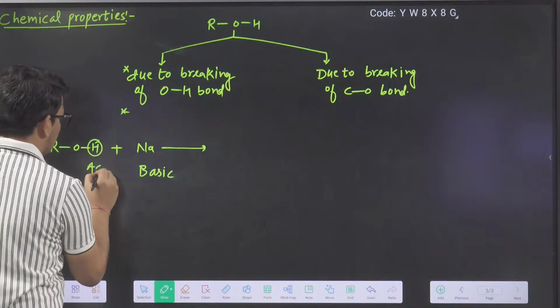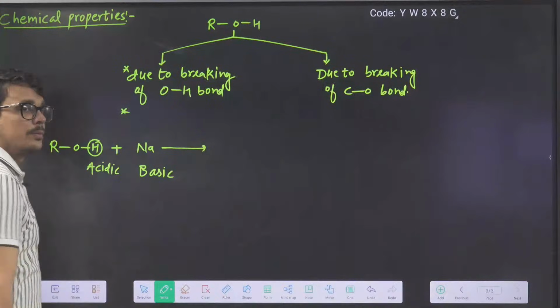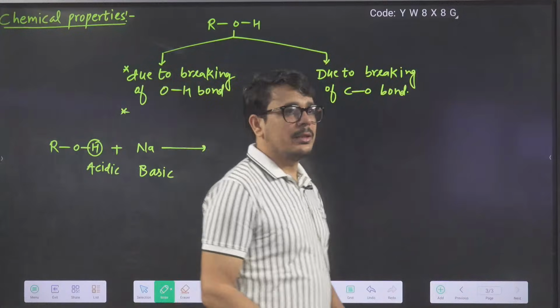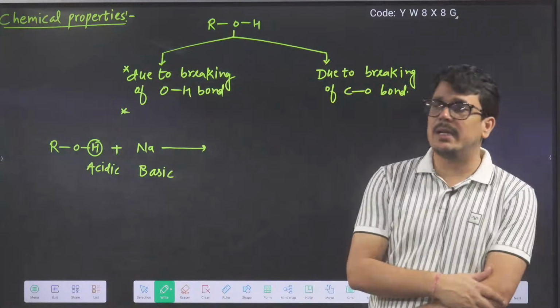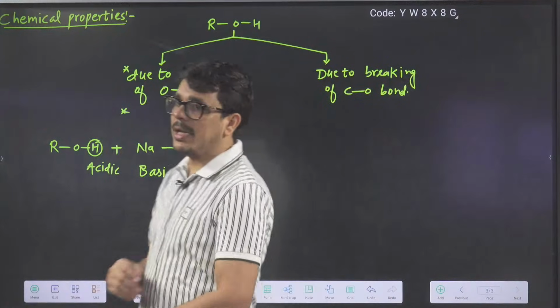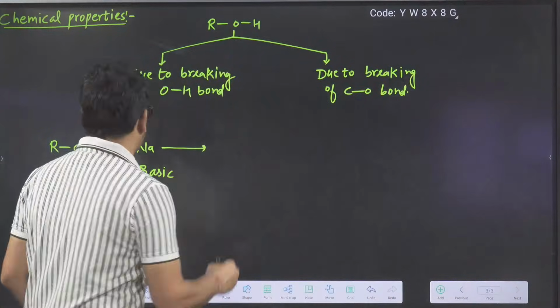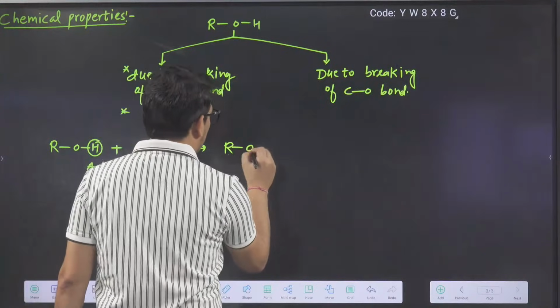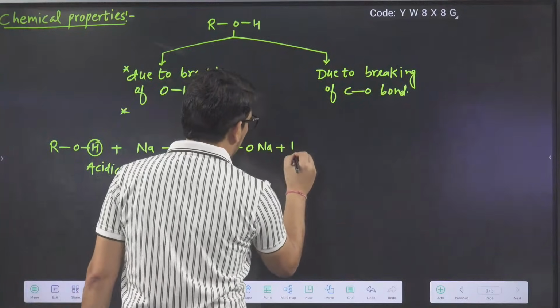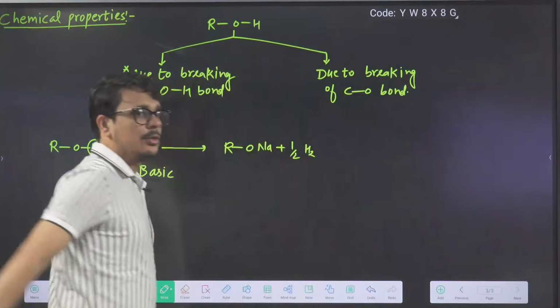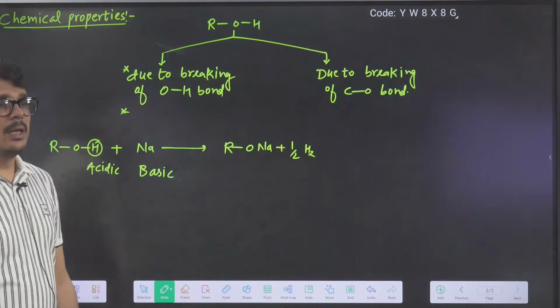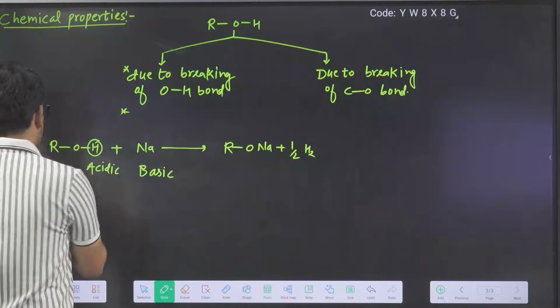This hydrogen is acidic in nature or not? I'm not saying that this will be strong acid or weak acid, but this hydrogen is acidic in nature. So this will react with sodium and you will get RONa and evolve H2 gas.